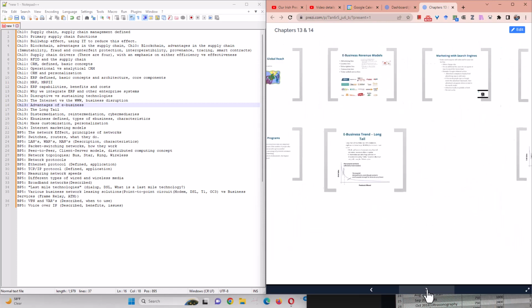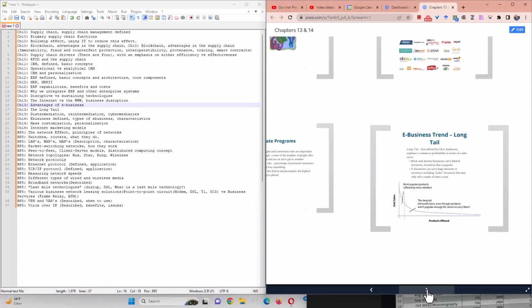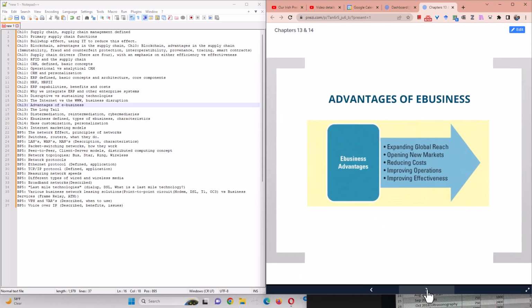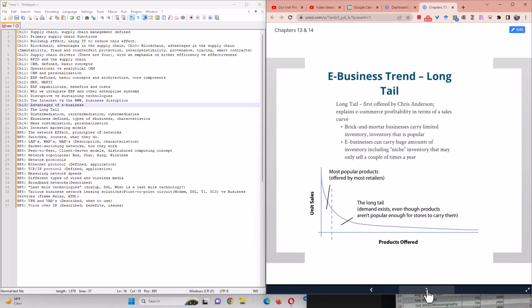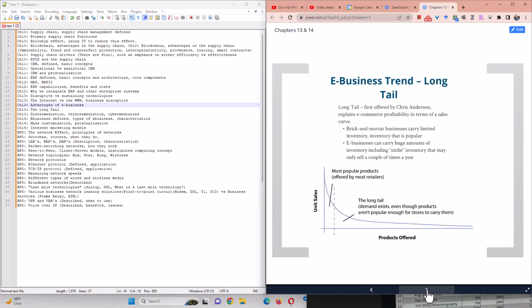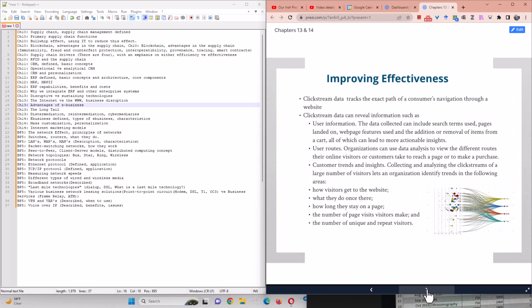You should know what the long tail is, what the advantages of e-business are. Clickstream data, you might see that term. Clickstream data, of course, is representative of the information that can be gathered in a web space, if you will, a website.